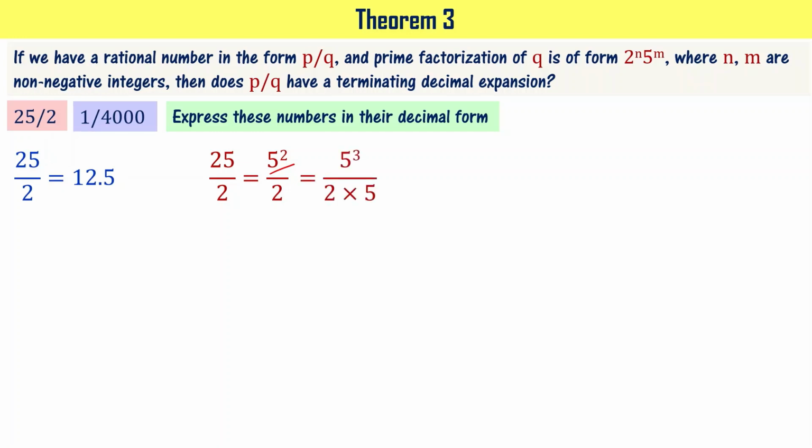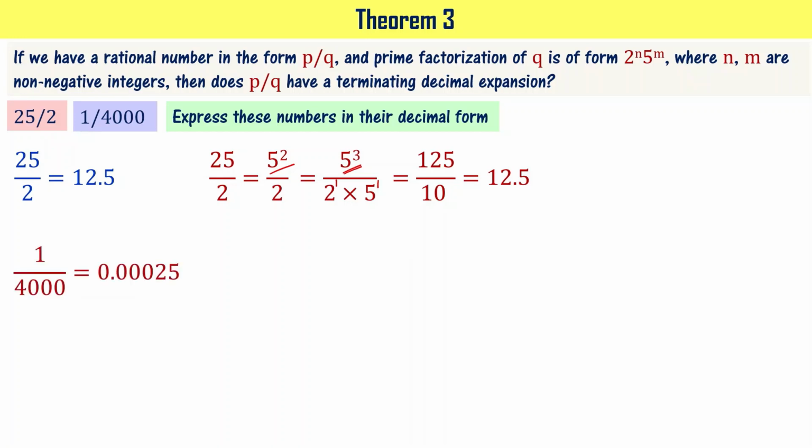Now what I'm doing is I'm getting 5 in the denominator, such that I'll have 2 power 1 and 5 power 1 in the denominator. Since I have multiplied 5 in the denominator, I have multiplied 5 in the numerator also. That's why I have 5 cube in the numerator now, right? So this can now be written as 125, that is 5 cube, divided by 2 power 1 times 5 power 1, that is equal to 10. That can now be written as 12.5, right?